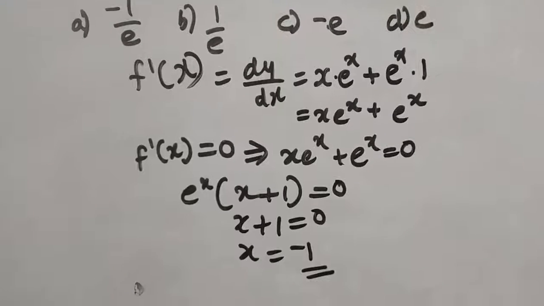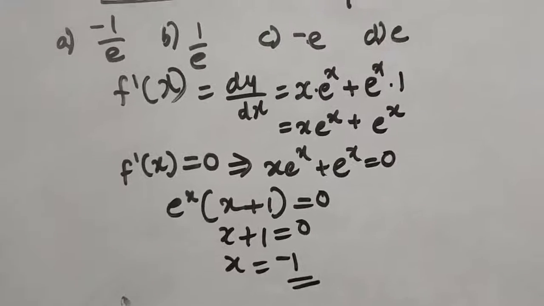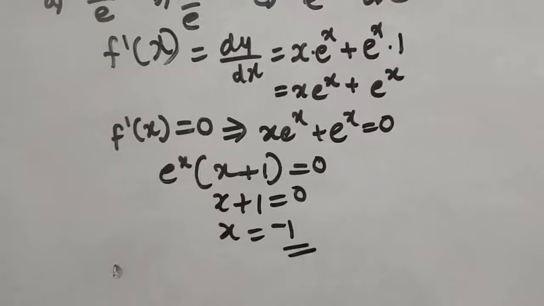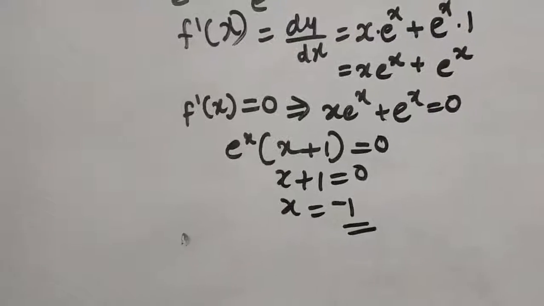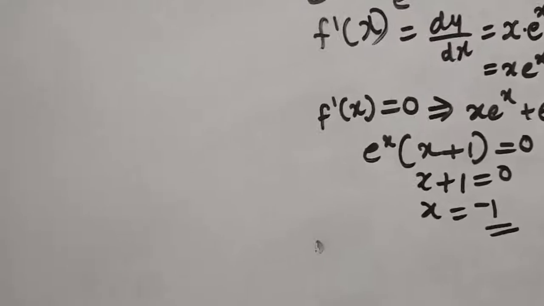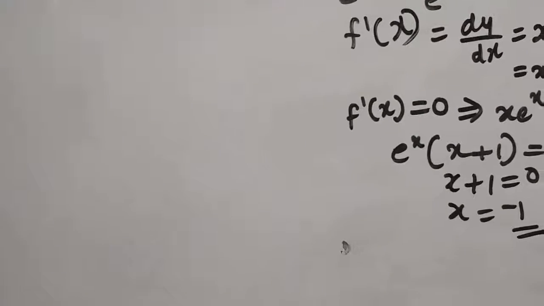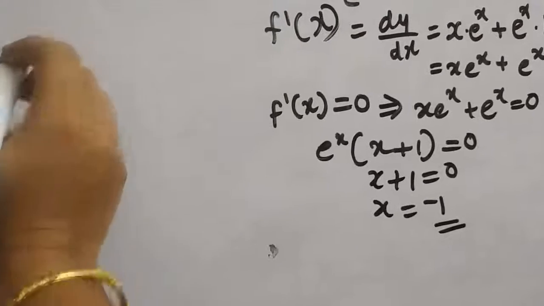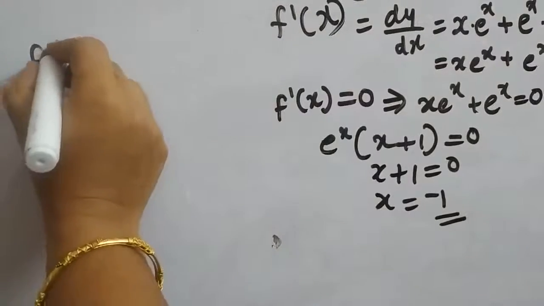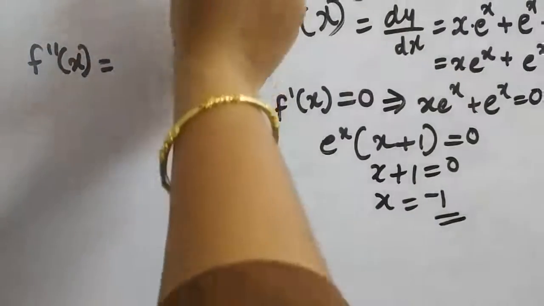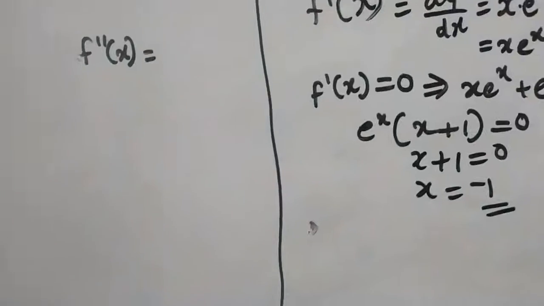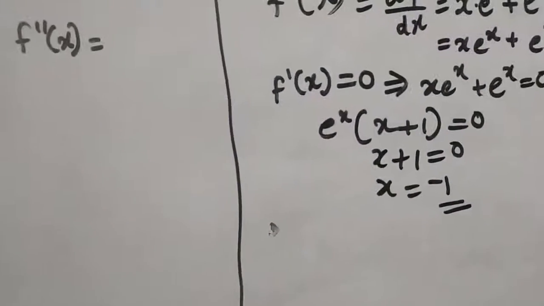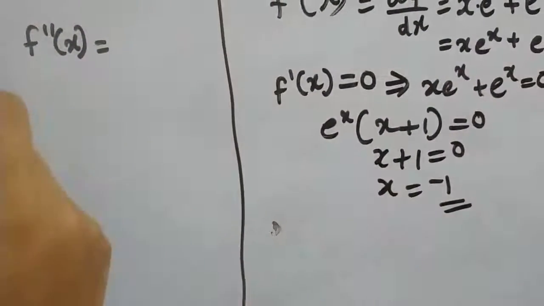Now what is the next step that we will do? When they are asking maxima or minima, the next step would be you will be finding f double dash x. So what is f double dash x? Take the derivative of f dash of x.